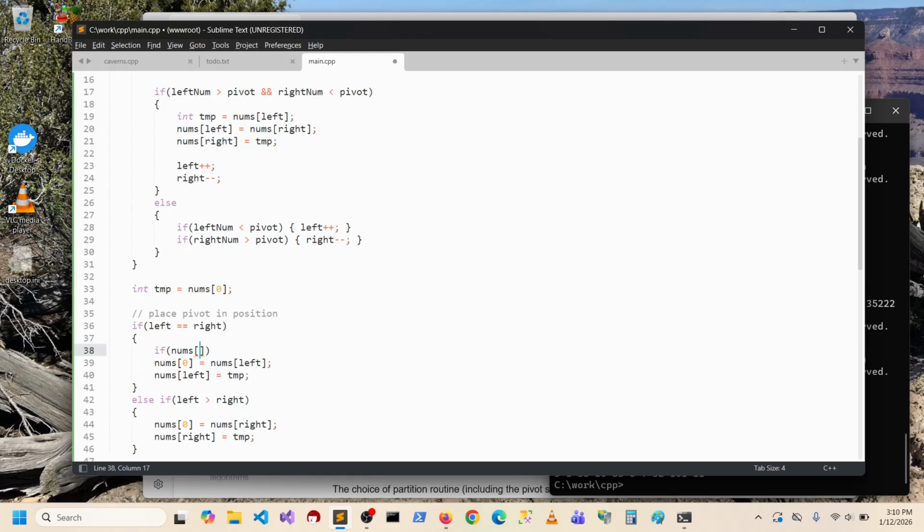So if nums 0, or actually TMP really, if TMP is greater than or equal to left, nums left.